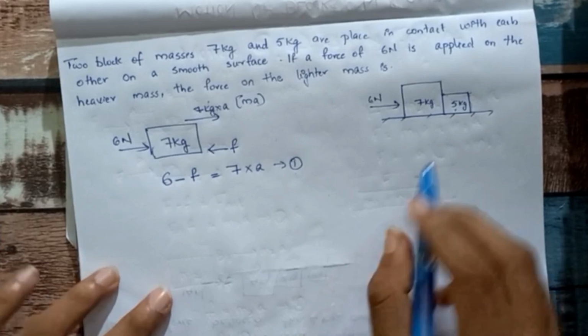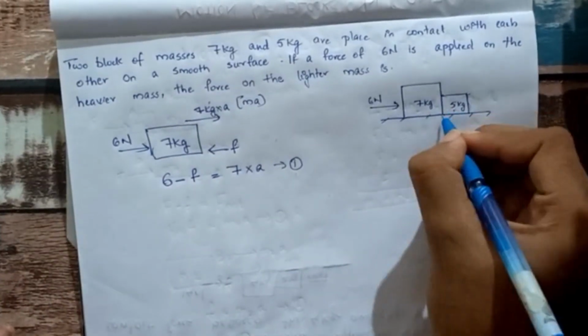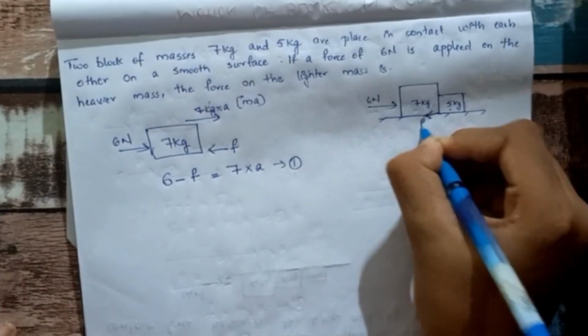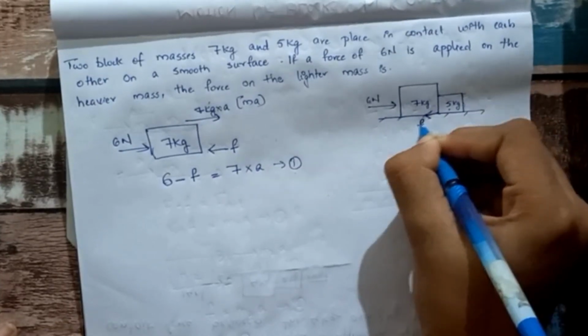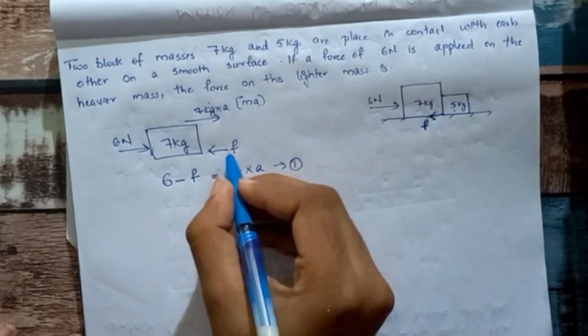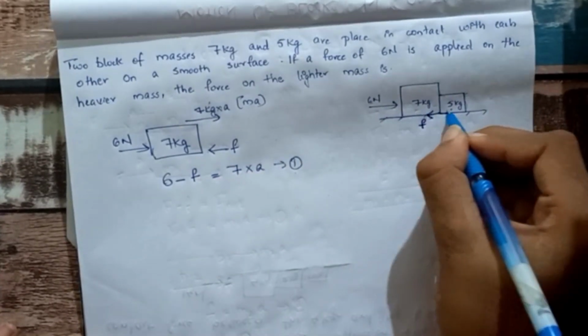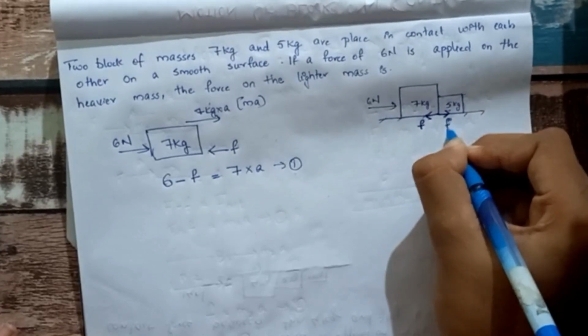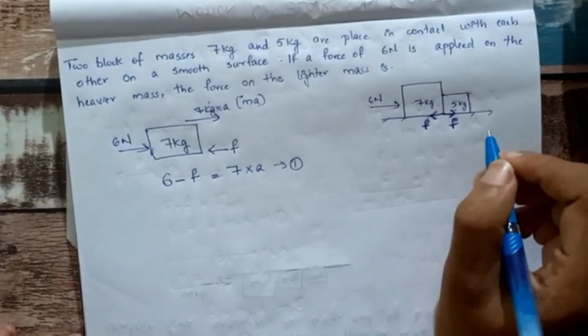Next one is, since a contact force F is being acted in this direction, it always acts in the opposite direction also, so as to neutralize and balance. Understand?